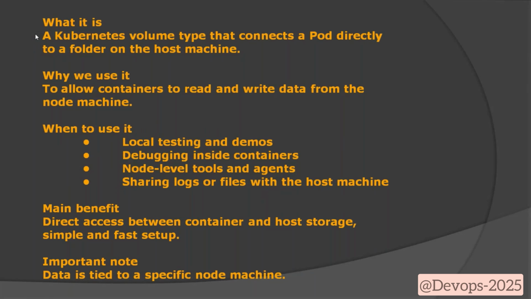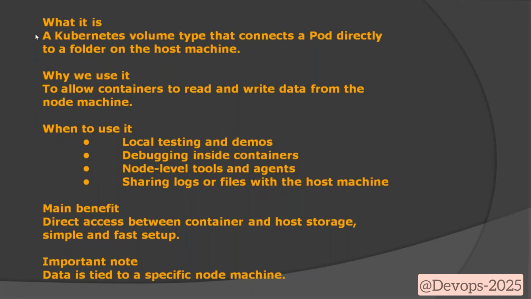Host path is also useful when you want to share configuration files from the host machine. For example, imagine you already have some configuration files or scripts on the host machine. Instead of rebuilding the Docker image, you mount that folder into the container. The container starts using those files directly and can execute them whenever required.